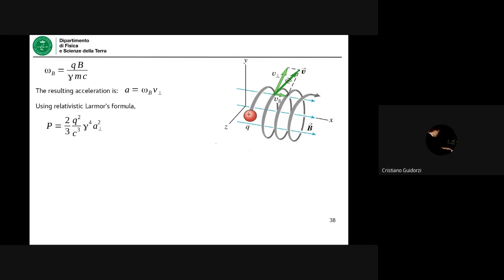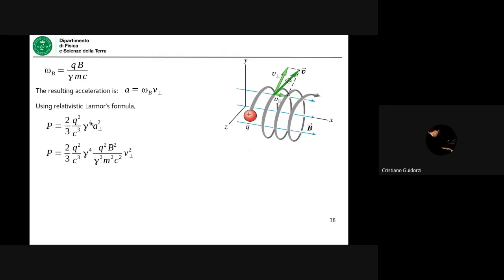In this case, the acceleration is entirely perpendicular to the velocity, which means that if you remember, you had gamma to the 4th times this term plus gamma to the 6th times A parallel. We have no A parallel, so it's just this one here. You see that compared with the non-relativistic version of Larmor's formula, you have a gamma to the 4th power. This is a really huge dependence on the energy of the electron.